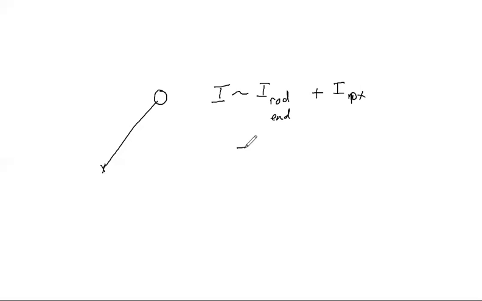So that's simply going to be 1/3 the mass of the rod times the length of the rod squared, plus the mass of the point mass times the length of the rod squared.